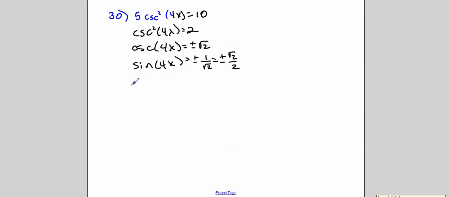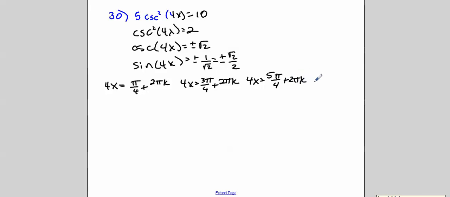That would be 4x equals pi over 4 plus 2 pi k, 4x equals 3 pi over 4 plus 2 pi k, 4x equals 5 pi over 4 plus 2 pi k, and 4x equals 7 pi over 4 plus 2 pi k.